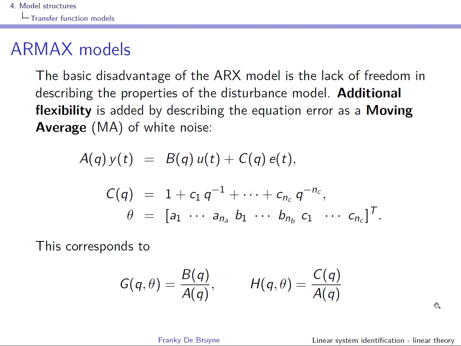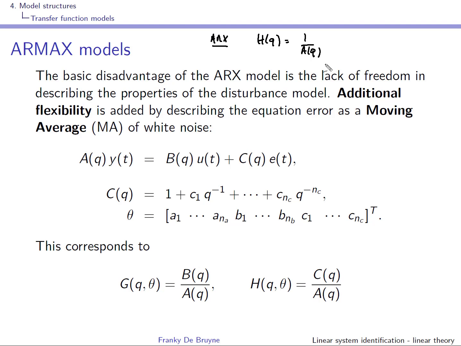So we have seen the ARX model, and the major disadvantage of the ARX model is the lack of freedom in describing the disturbance model. The disturbance model H(q) is 1 over A(q) for the ARX model, and remember that A is also used in the input-output transfer function G(q).